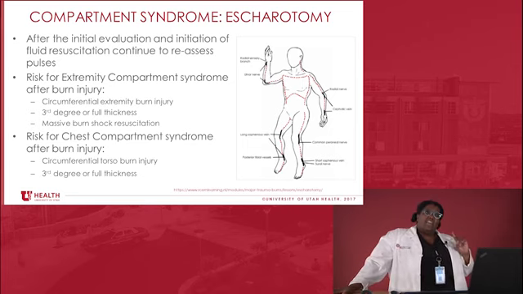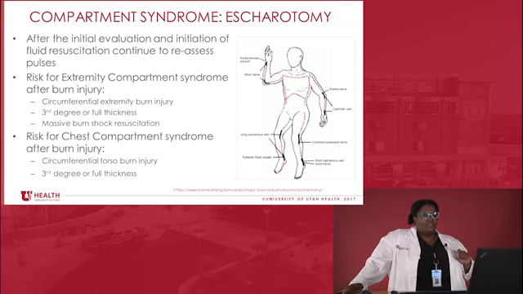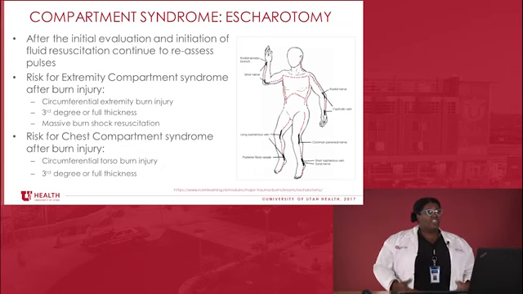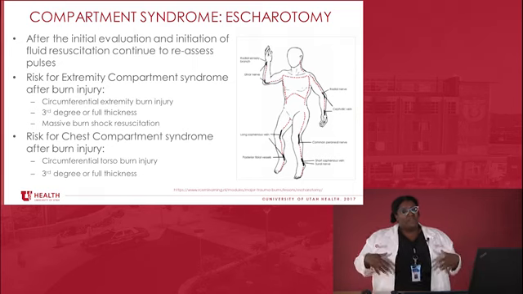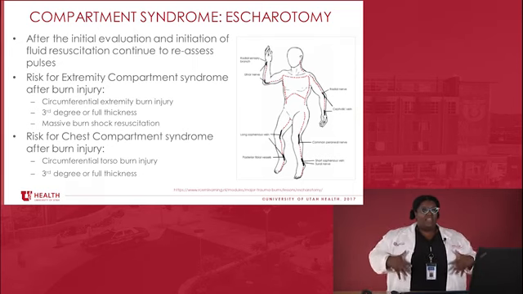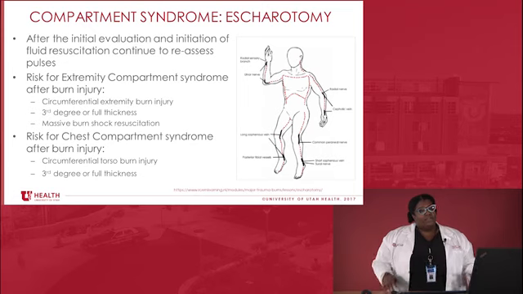The only caveat is if we have chest compartment syndrome. Now that is not going to look the same way as an extremity compartment syndrome. You will see features like a circumferential torso burn or maybe a full anterior torso burn. That's third degree. Because we don't breathe out of our back. We breathe with our chest and our belly. So if you have a full thickness injury there, you have a high risk for chest compartment syndrome.